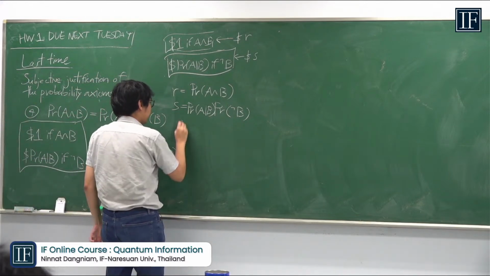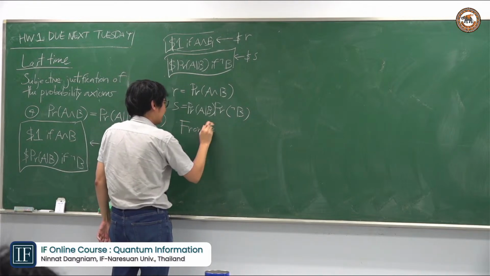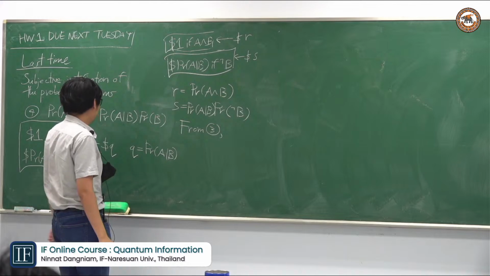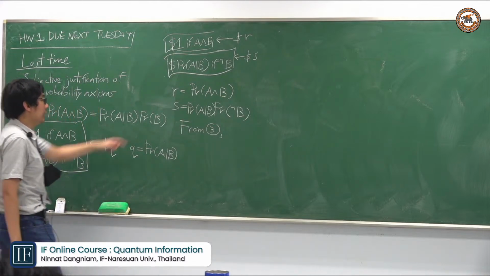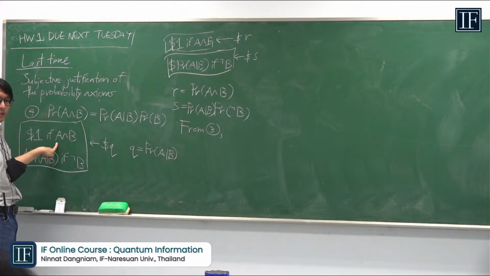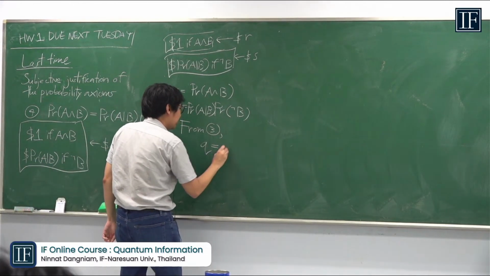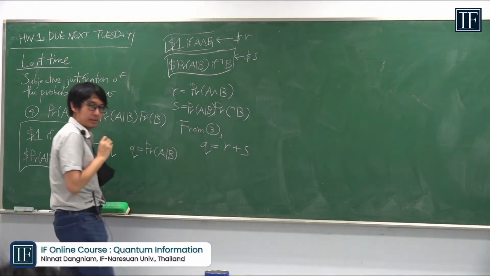And so from the third axiom, since these two are disjoint, and the union of these two events is just this one, it must be true that this is the case.